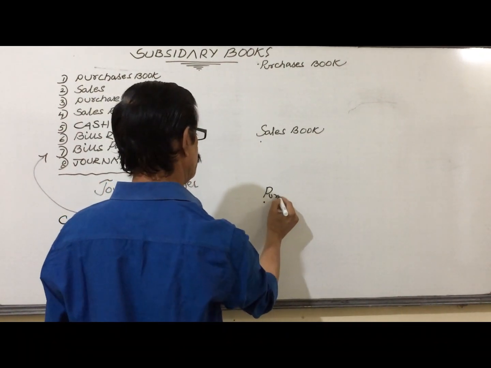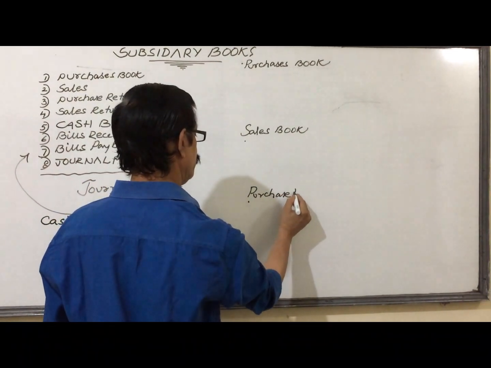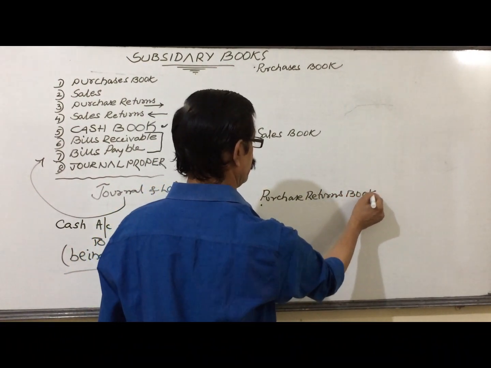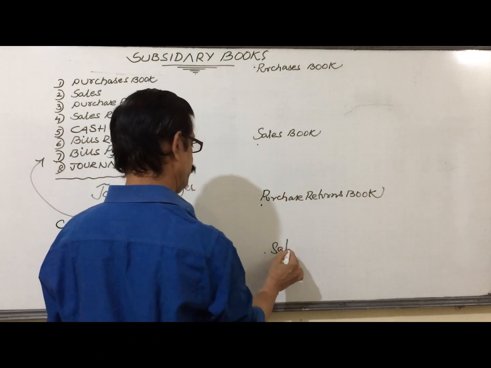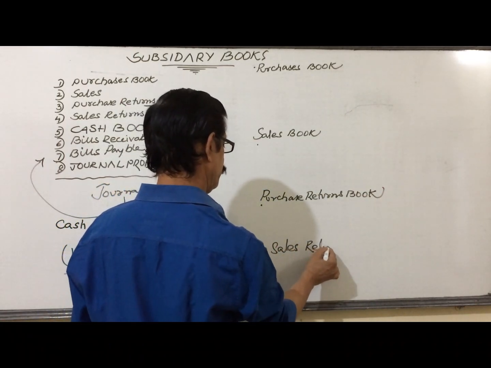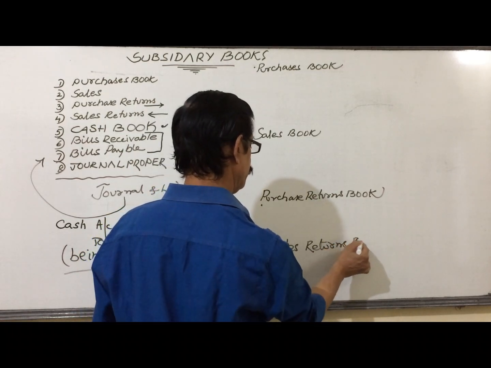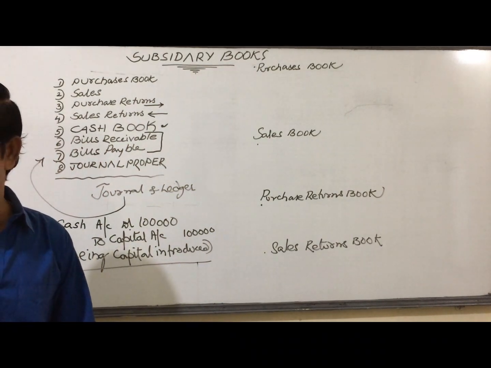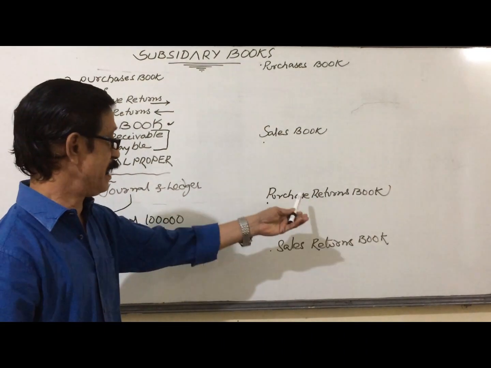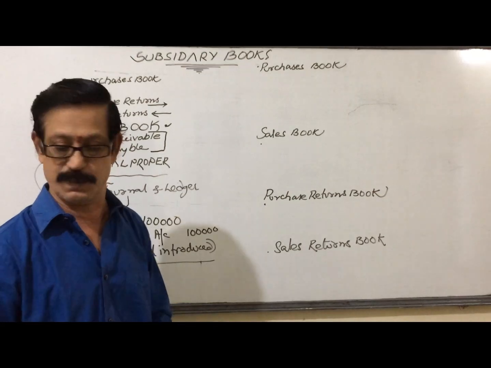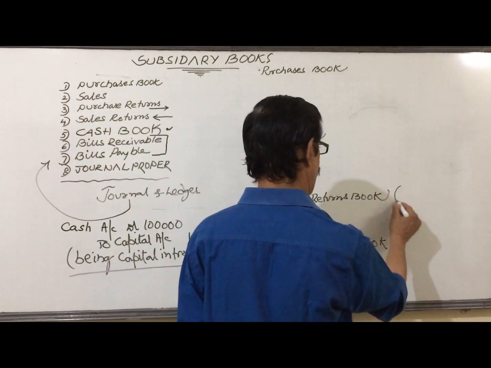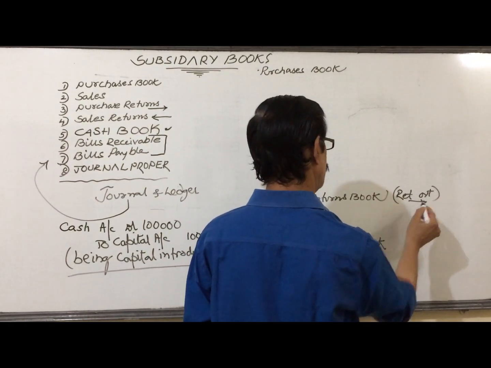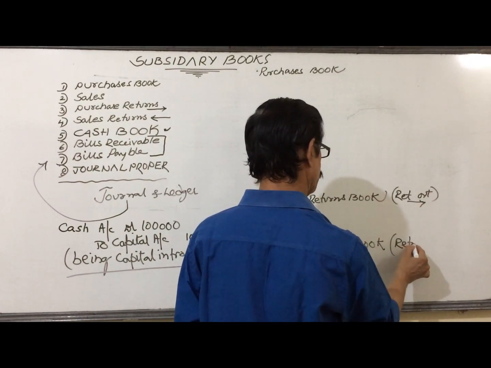Purchase returns book. Sales returns book. First we are learning these 4. Purchase book, sales book, purchase returns book and sales returns book. This is also called returns outward. This is also called returns inward.